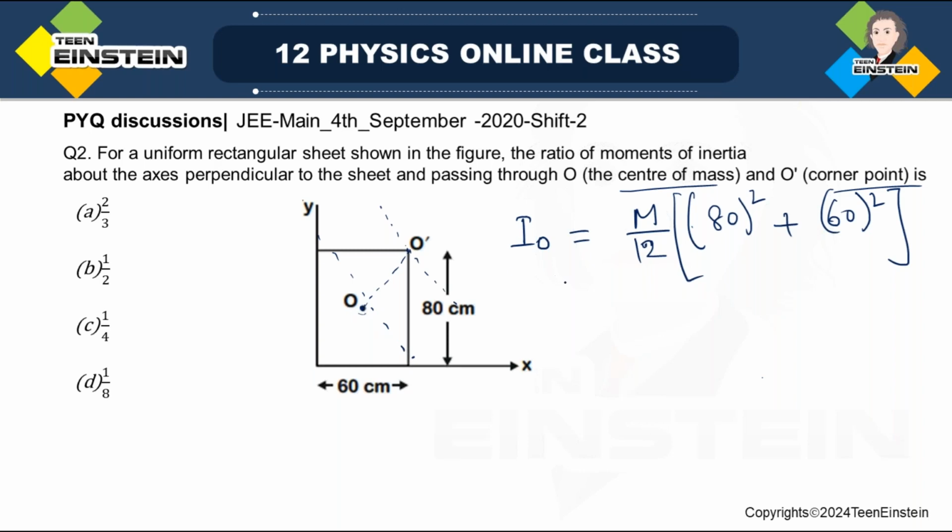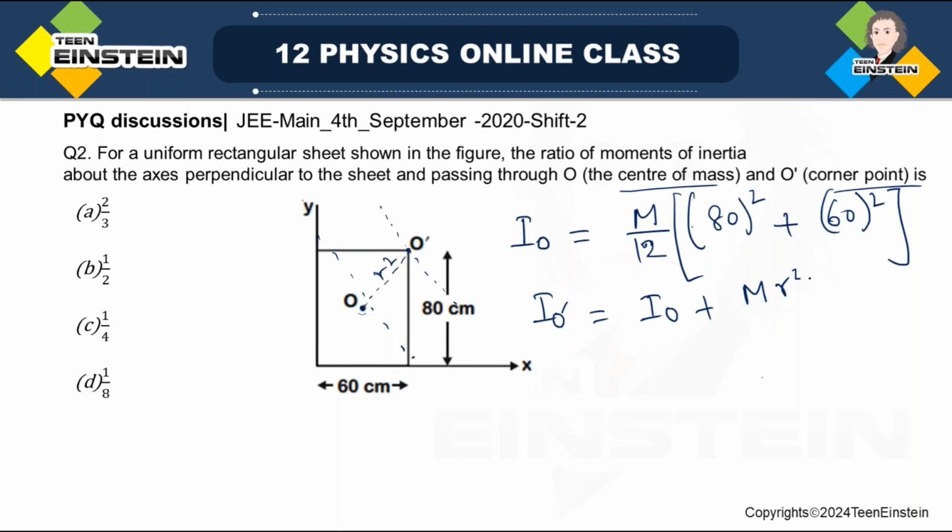How do you write the parallel axis theorem? For this I can write the moment of inertia about the center of mass plus the mass m and r square. R is this distance. R square, this distance we have to find out.